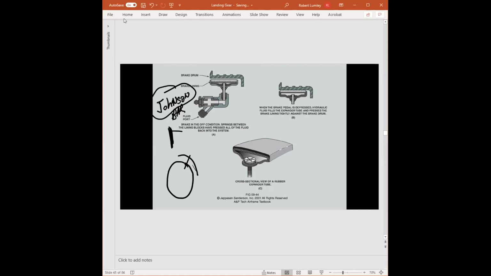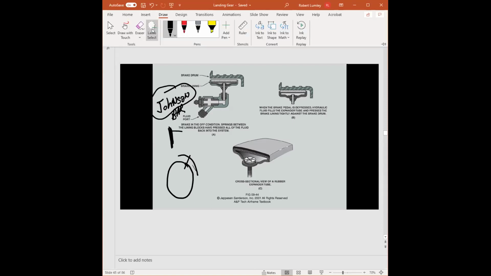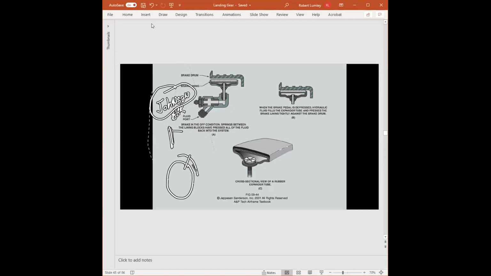Okay, I got it. The question is, what did the pilot have to pull on to stop the aircraft? His Johnson. Very good. I love it. Hey, I'm not lying. It's called the Johnson bar. No, why is it called Johnson bar? I really don't know. Maybe the guy who made it was named Johnson.